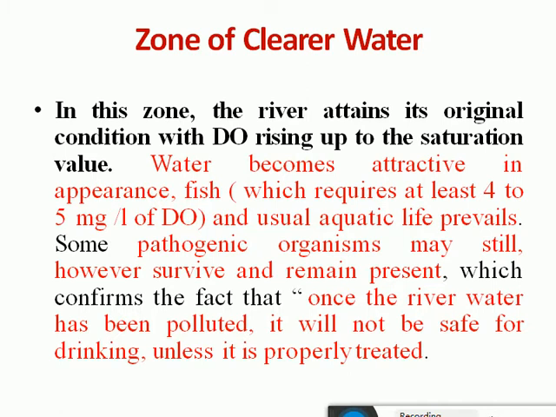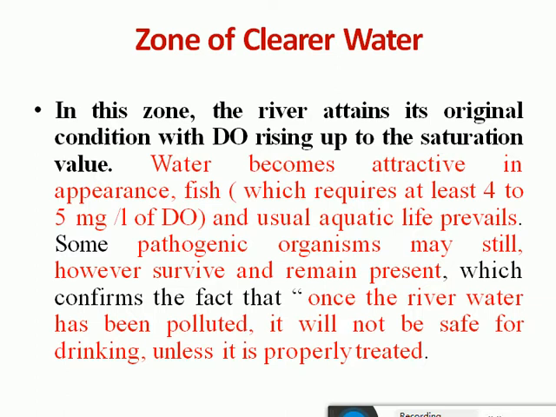So in the zone of clear water, the river attains its original condition. Before the wastewater is discharged into the river, the water is in its natural form. In the zone of clear water, the water again becomes natural with a sparkling appearance, and it becomes attractive and the fishes start to flourish.